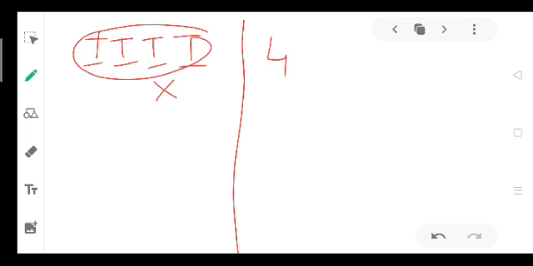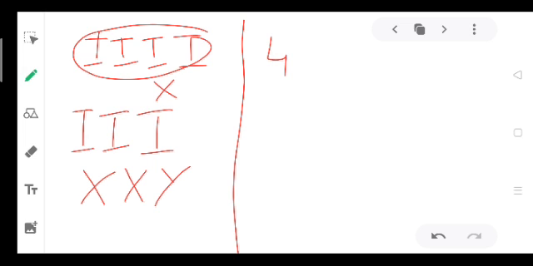There are some rules, which we clarified in our previous class also: I should never be repeated more than 3 times, and X is also a Roman numeral which is not repeated more than 3 times.